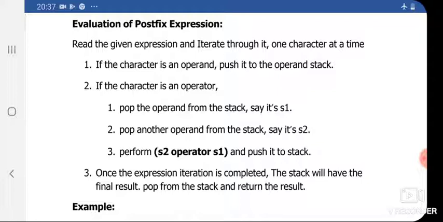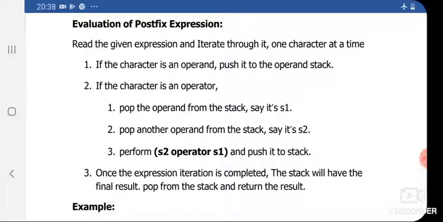If the character is an operator, then we pop an operand from the stack, say it is S1. We pop another operand from the stack, say it is S2, and then we perform S2 operator S1 operation and we push the result back to the stack.